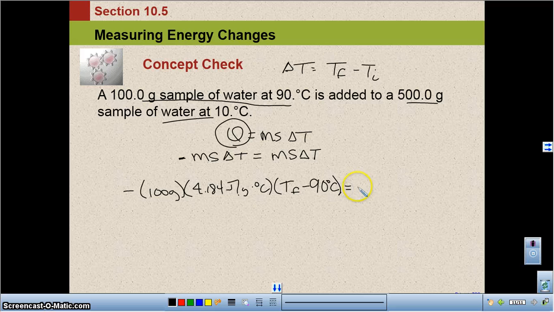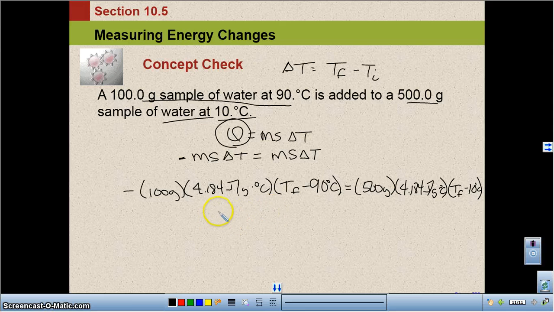And I'm going to set that equal to the system on the other side. The mass being 500 grams, same specific heat. And our delta T on this side, our initial temperature is 10 degrees, but we know that our temperature final is going to be the same for both sides.